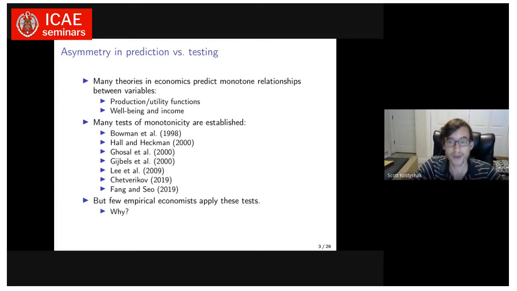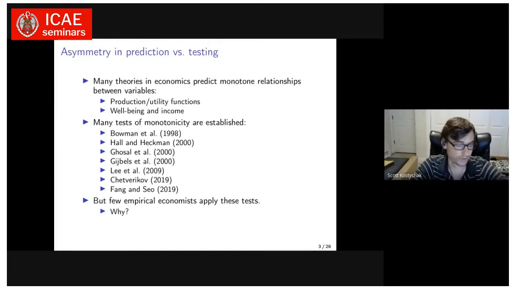There might be some theoretical satiation point beyond which decreasing marginal returns dominate and the relationship decreases, but in the data the prediction would be a monotone relationship. There are a lot of well-established tests of monotonicity, with very nice theoretical properties.